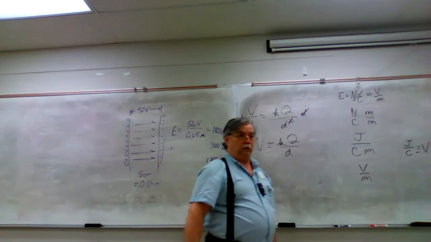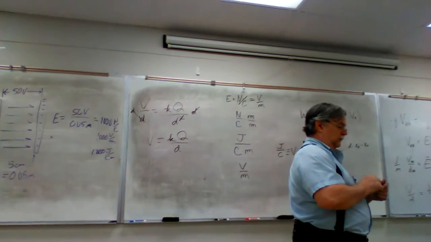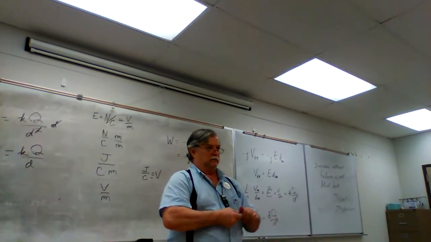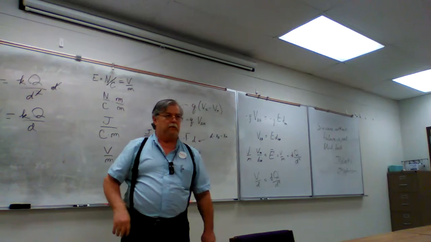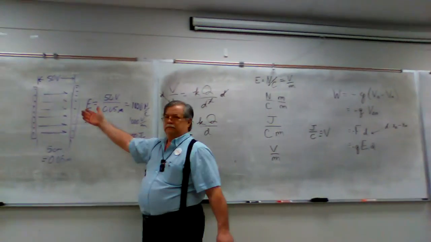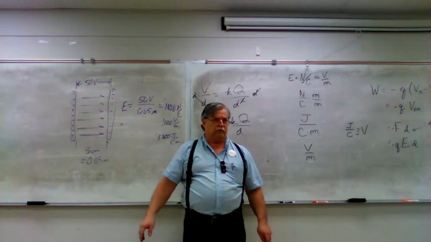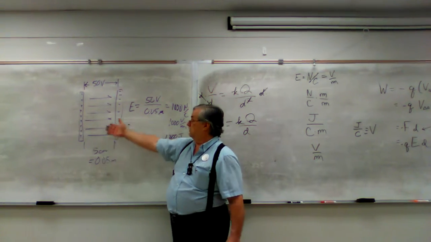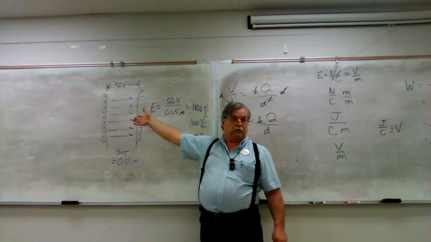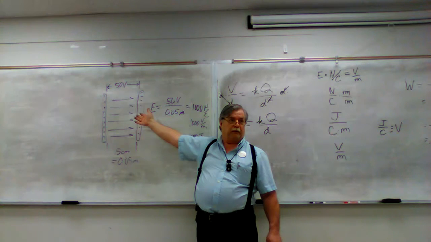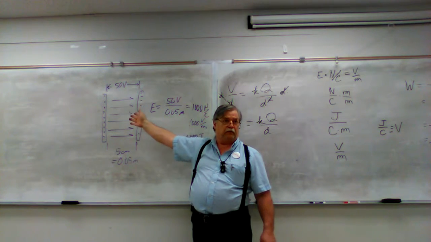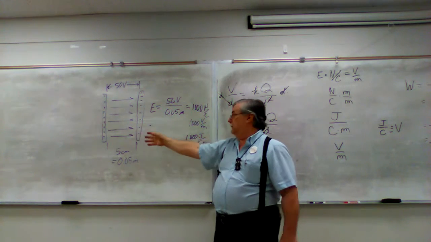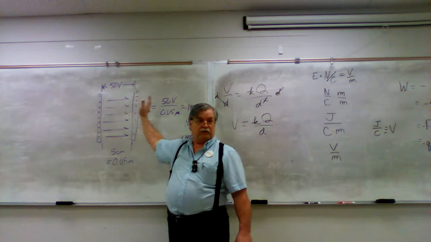As long as you put it right. The point here is which unit is going to be most convenient. If you've got a problem where it says what's the E field in the center of these two parallel plates, the midpoint between them, well, it's uniform because it doesn't change from one side to the other.